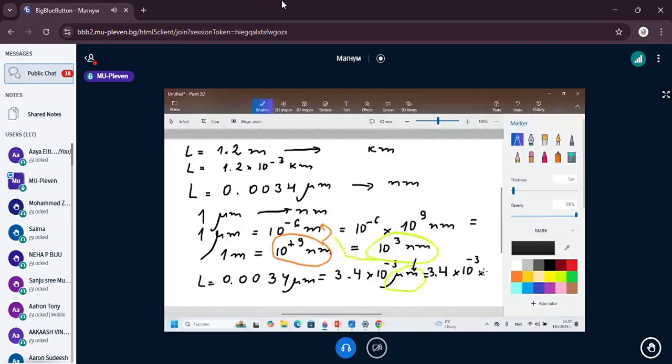Just a moment. Times 10 power 3. And then what is this? Nanometers. And let me continue. They cancel. It is just 3.4 nanometers. This is the answer of that problem.